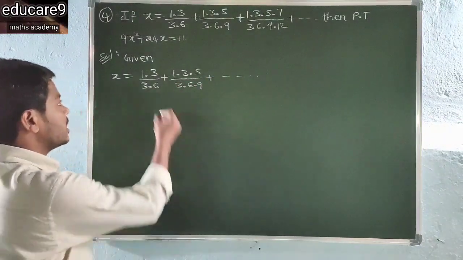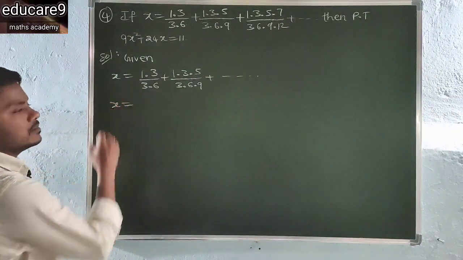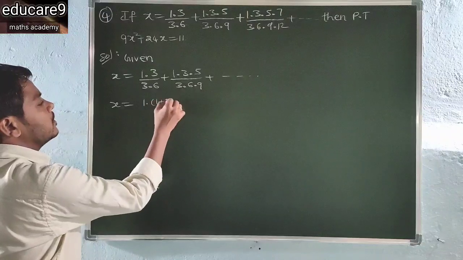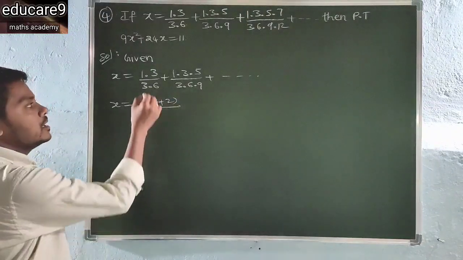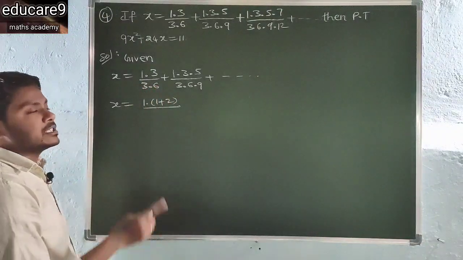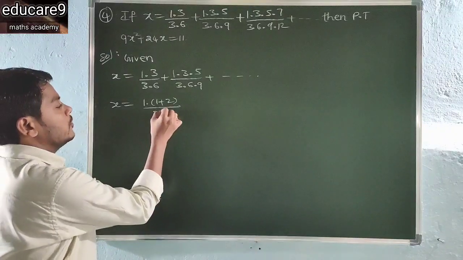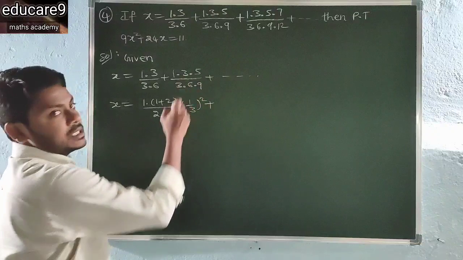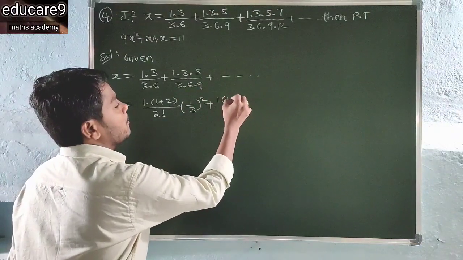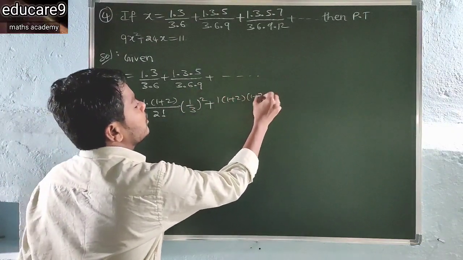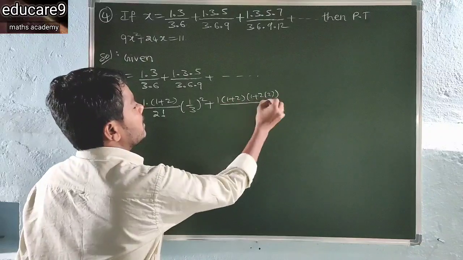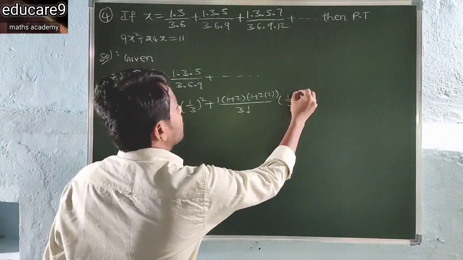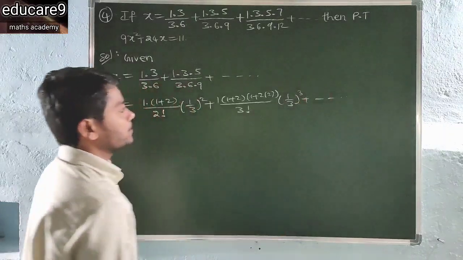Okay, so this can also be written as x is equal to, so see here, 1 into 3 can be written as 1 plus 2 divided by 3 into 6 can be written as 2 into 9, that is 2 factorial into (1 by 3) whole square, and this one 1 into (1 plus 2) into (1 plus 2 into 2) divided by 3 factorial into (1 by 3) whole cube and so on.